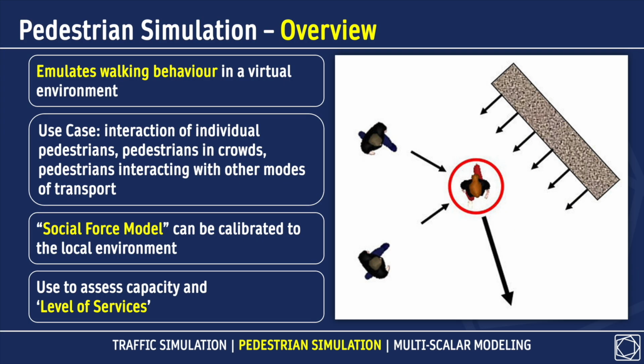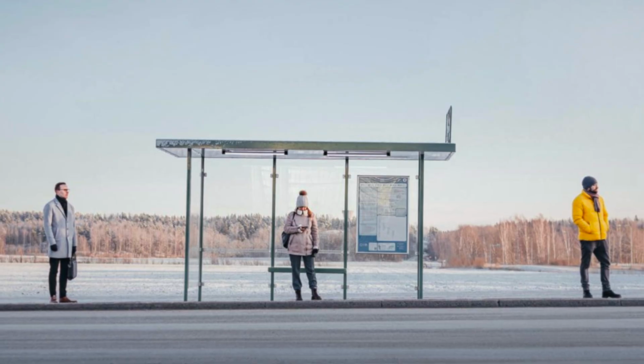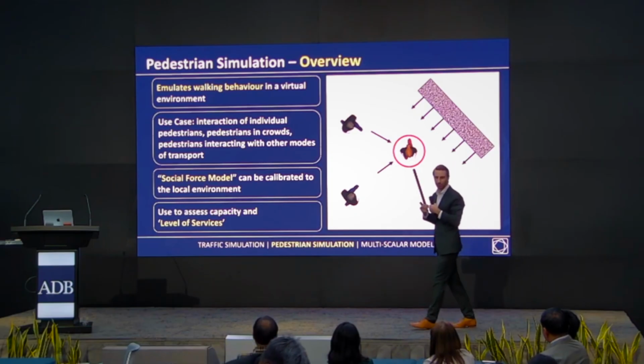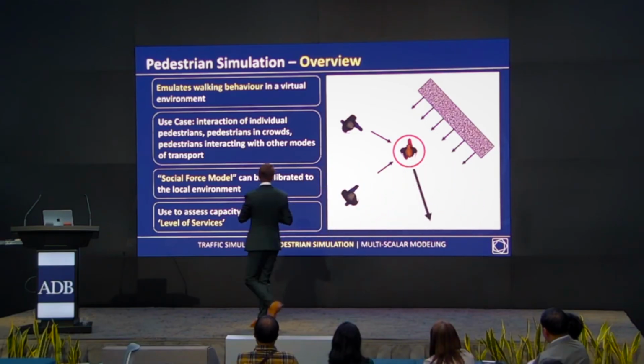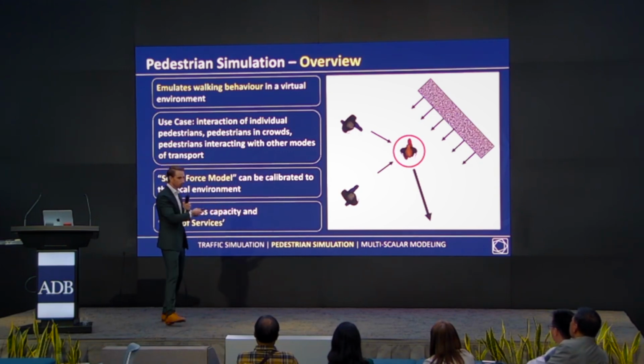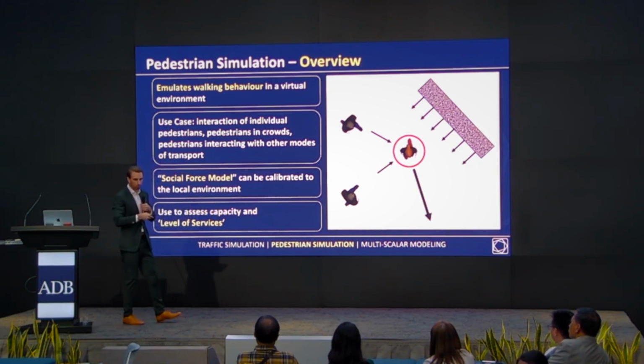And similarly, that needs to be calibrated to the local culture. So in a Northern European city, people keep their distance when they are walking, whereas in the Philippines, I feel people are fine being close together. And so when you run a pedestrian simulation, you can calibrate it to the local setting.